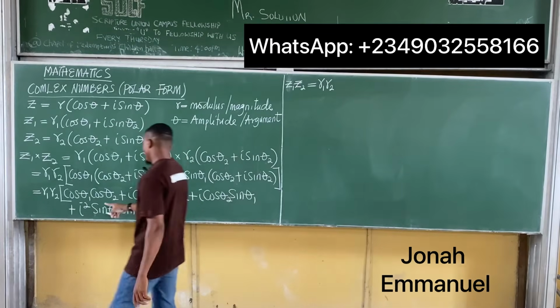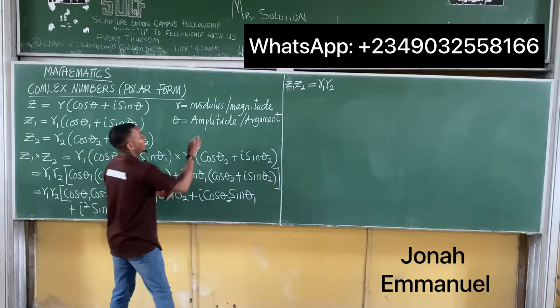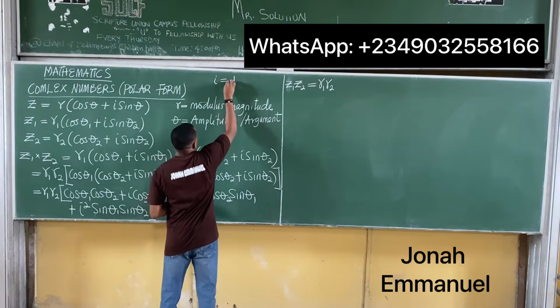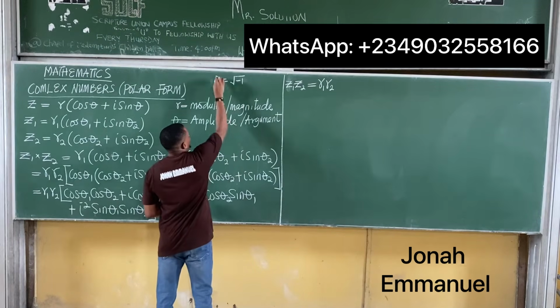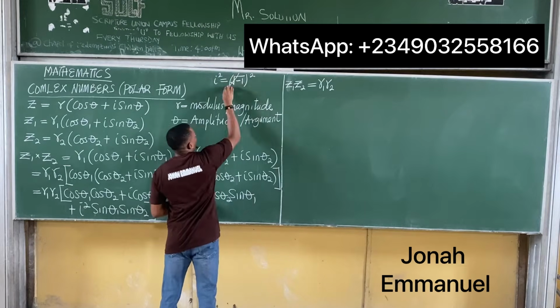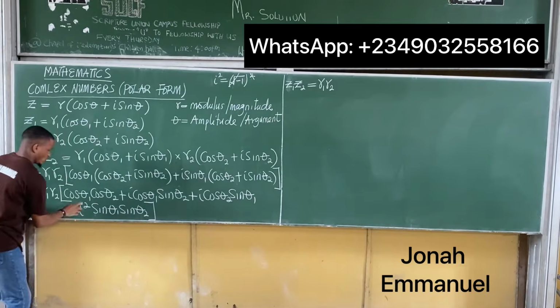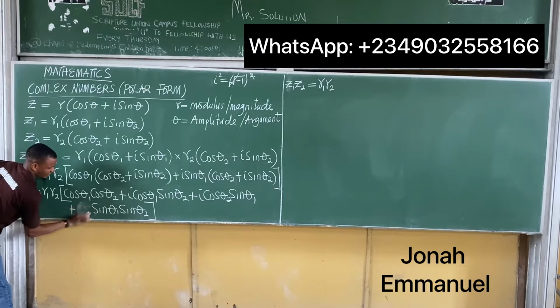From here, if I multiply I squared, I know that I squared will give me minus 1 because we said in a previous class we said I is equal to square root of minus 1. So if I square I, the square and the square root will cancel. Hence, this one here will give me a value of minus 1.